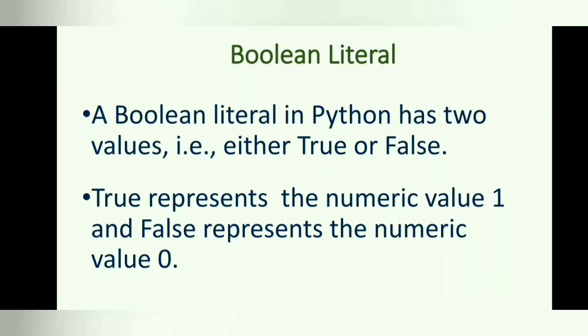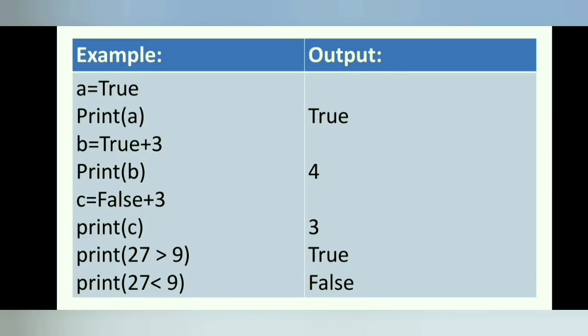Boolean literal. A Boolean literal in Python has two values, that is either True or False. True represents the numeric value 1 and False represents the numeric value 0. For example, True is assigned to A. Print A. The output will be True.